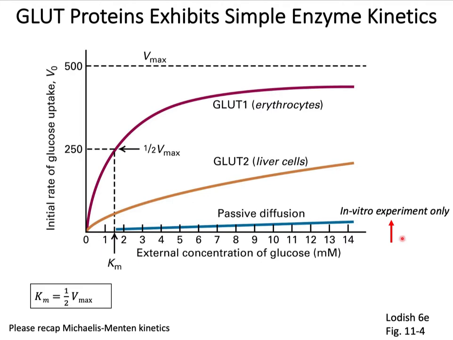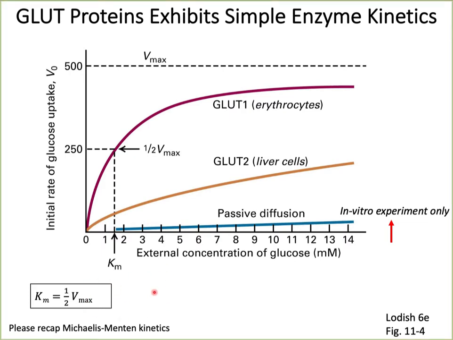The affinity of the transporter for its substrate is the Michaelis constant Km, the concentration of substrate at which it transports half the Vmax. Please note an important correlation. The Km of an enzyme or a transporter is inversely proportional to its affinity for the substrate. The higher the Km, the lower its affinity, and vice versa.